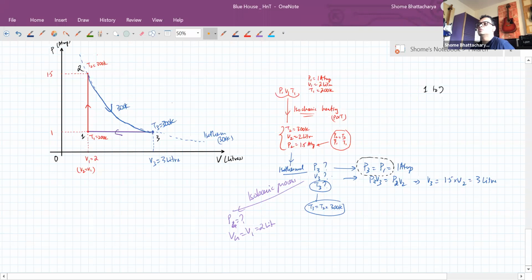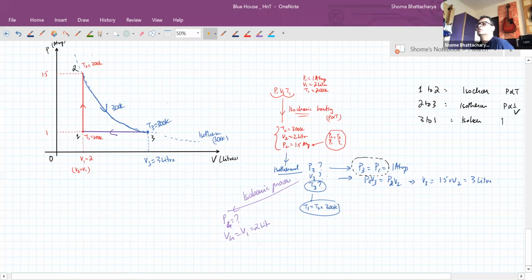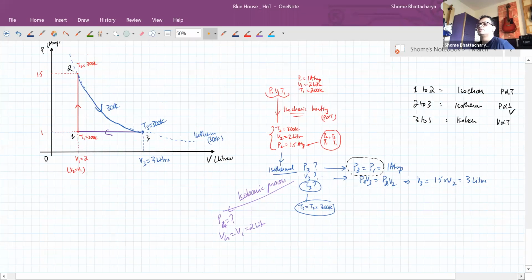State 1 to 2 is connected by an isochore, then 2 to 3 is connected by an isotherm, and then 3 to 1 is again connected by an isobar. During an isochore, pressure is proportional to temperature. During an isotherm, pressure is inversely proportional to volume. And during an isobar, volume is proportional to temperature.